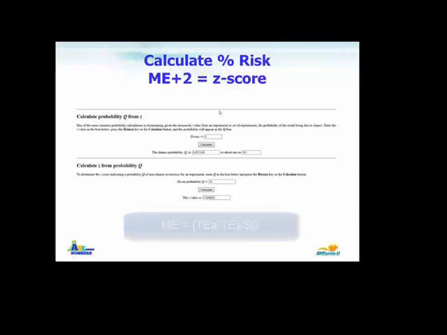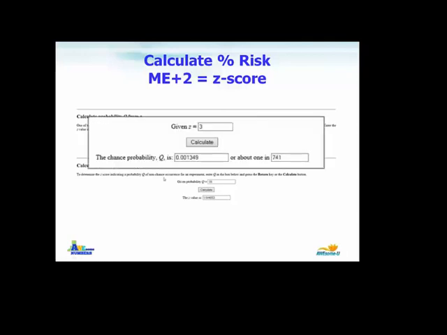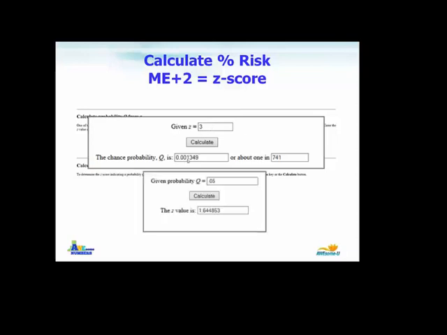If you add 2 to that, you've got a z-score, which is the same thing as a sigma, or it used to be. You can go to the website and you can say for a given z-value or sigma, you can calculate the percent risk, or it's about 1 in 741. So a 3 sigma method, if that's a short-term sigma, is about 0.1%.